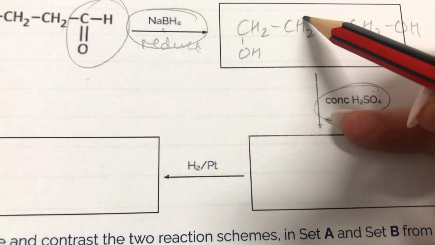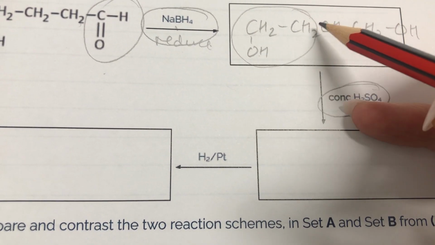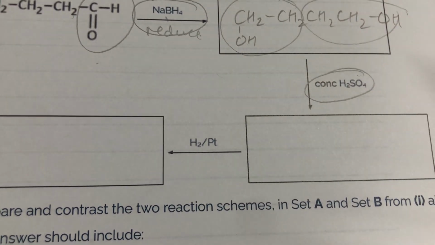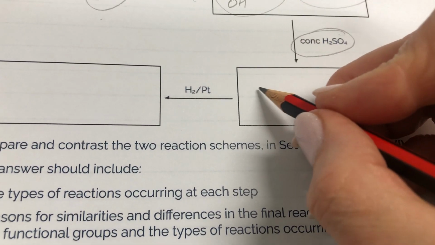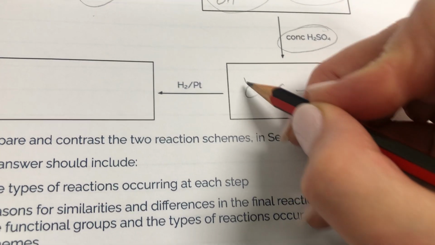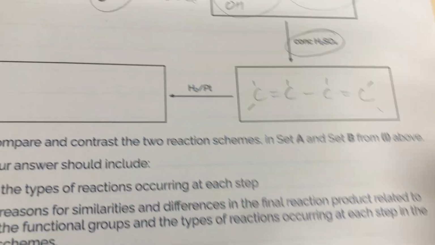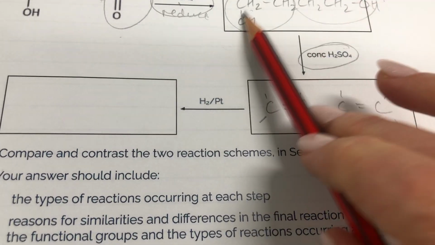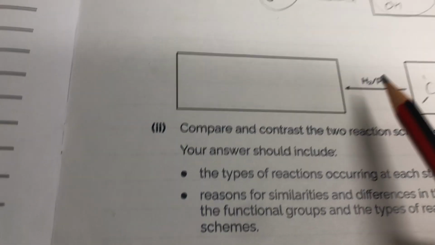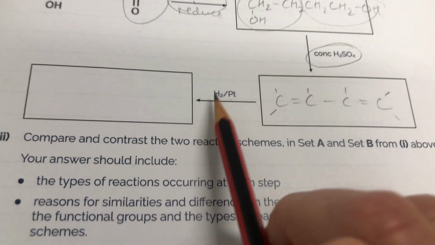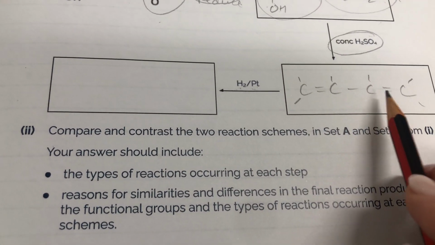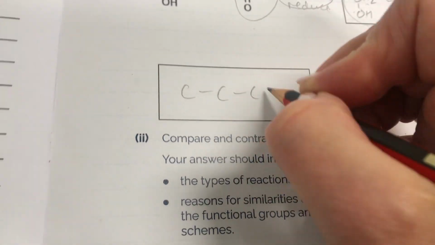But the dehydration is going to dehydrate that OH and adjacent hydrogen and that OH and adjacent hydrogen. So what we're going to end up with here is a compound with 2 double bonds, right? So we've actually eliminated 2 OHs and adjacent hydrogens. So then when we hydrogenate, when we add in our hydrogen with our platinum catalyst, we're going to add in hydrogen there and there and there and there. So we get to 4.